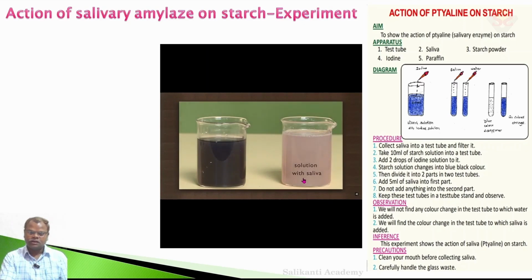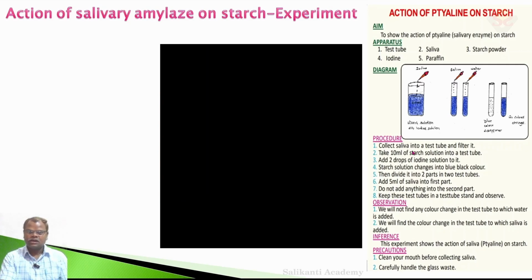The solution becomes colorless because it acts on carbohydrates and converts them to maltose sugar. Maltose sugar does not turn the iodine solution blue. By doing this experiment, we understand the action of salivary amylase on starch. Due to the action of salivary amylase, the starch solution turns colorless, even though iodine solution is added.